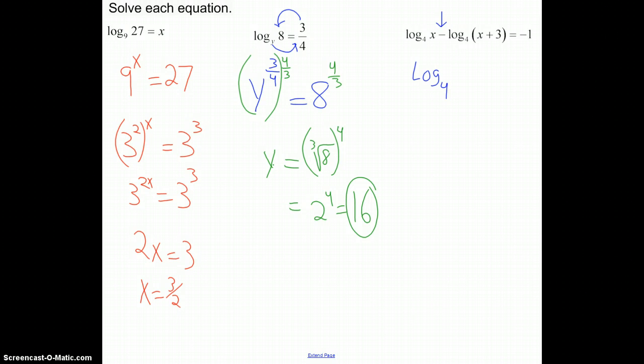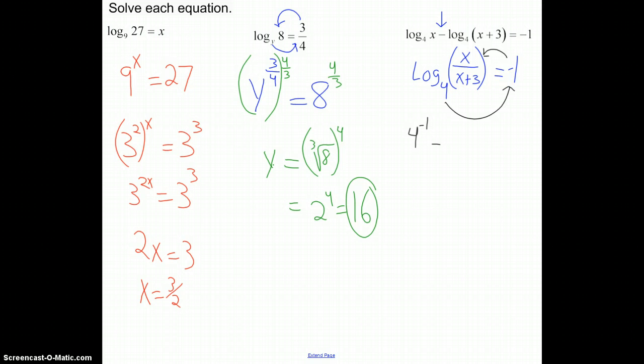So log base 4 of the numerator, which is the first term, over the second quantity we're taking the logarithm of. That equals -1. So now what we're going to do is basically do what we just did in those last two examples. We're going to take the base of the logarithm to this power to equal what we're taking the log of.